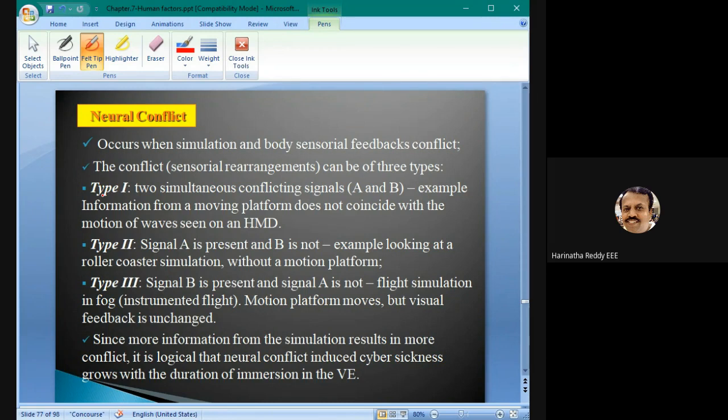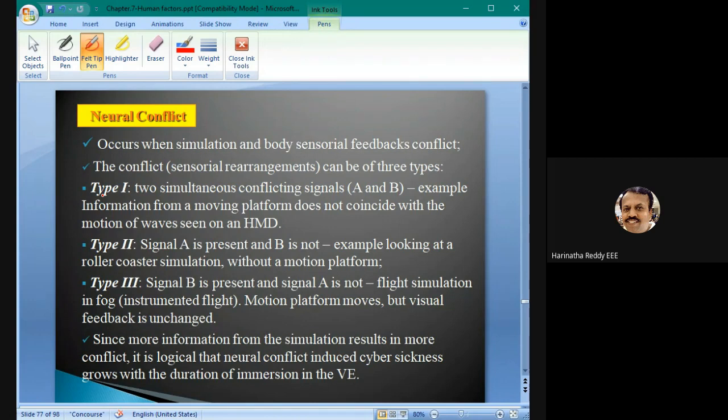So an example for type 2 is looking at a roller coaster simulation without a motion platform. When we are experiencing this roller coaster in virtual reality, we are not moving, we are just experiencing the virtual world as if we are moving. We experience the roller coaster in VR in our HMD.